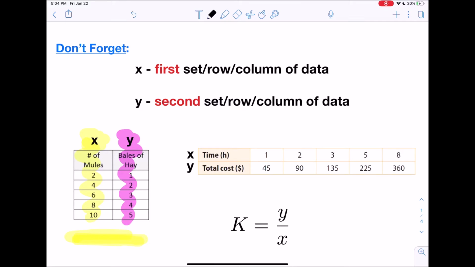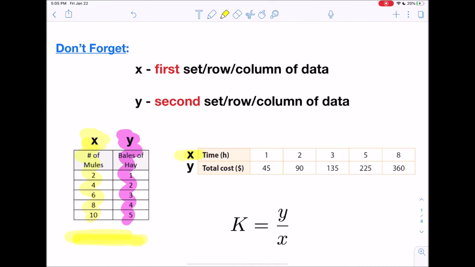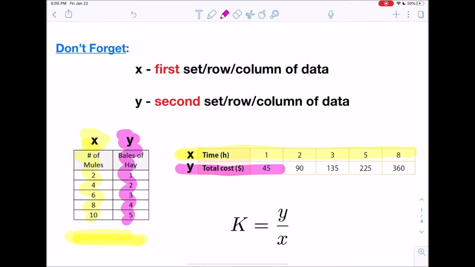And if it is in row form, then X would be your set of numbers, the first set on top, and Y is going to be the second set of numbers, your second row on the bottom, okay? So if it's columns, X is column number 1, Y is column number 2. If it's rows, then X is going to be your first row and Y is going to be your second row.